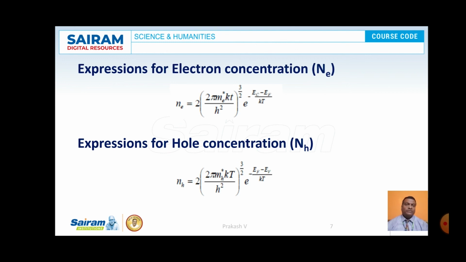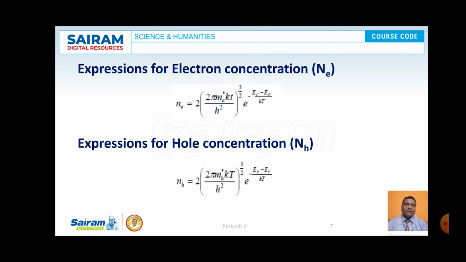And the expression for hole concentration, Nh, meaning the number of holes available per unit volume of the material, is given by Nh = 2(2π mh* kT/h²)^(3/2)·e^((Ef-Ev)/kT), where Ev is the energy of the electrons in the valence band, Ef is the Fermi energy, mh* is the effective mass of the holes, T is the temperature, k is the Boltzmann constant, and h is Planck's constant.